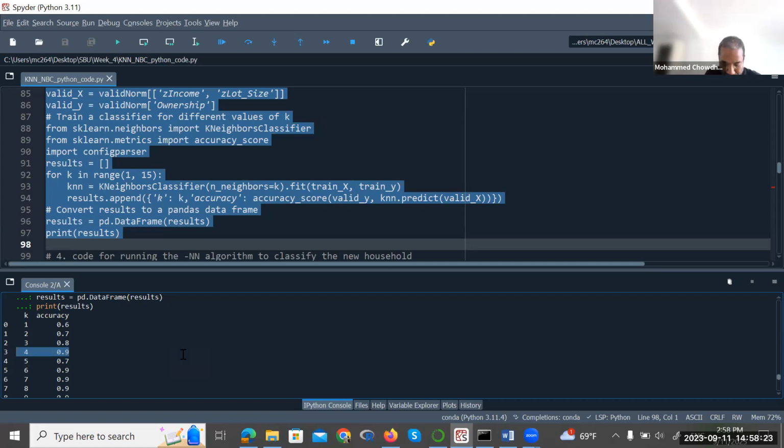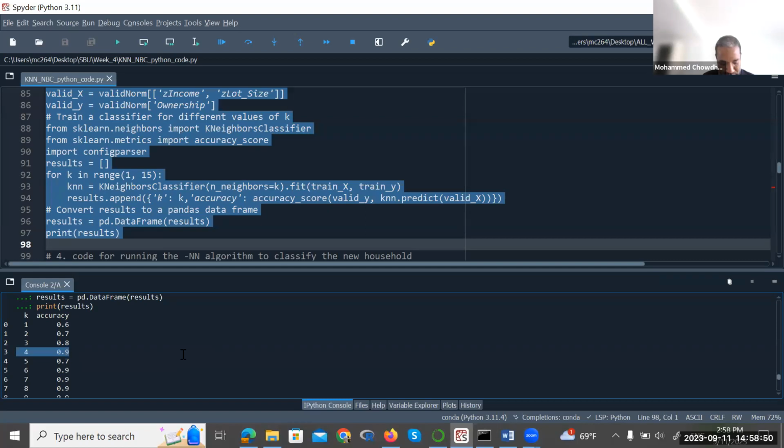Now, if you have a question how this accuracy is computed, if you read page number 188, it is clearly mentioned. They consider different values of K and compute the error rates for various values of K. For example, if we choose K equal to 1, we will classify in a way that is very sensitive to the local characteristics of the training data.